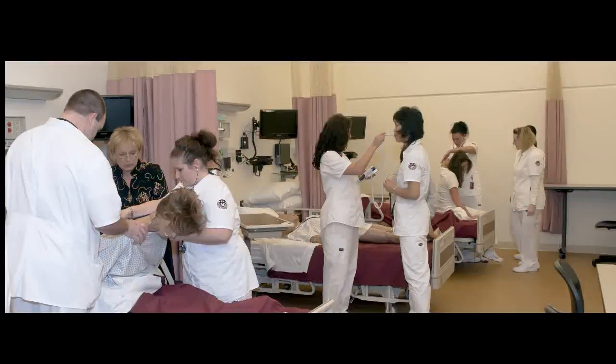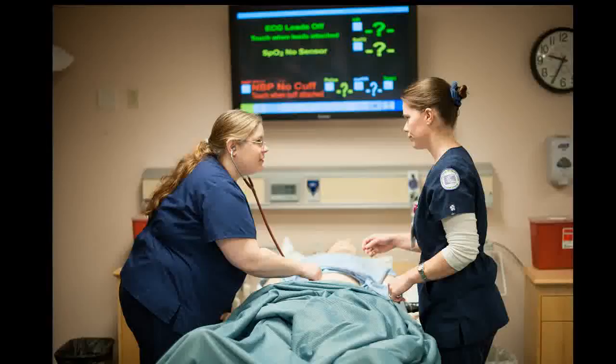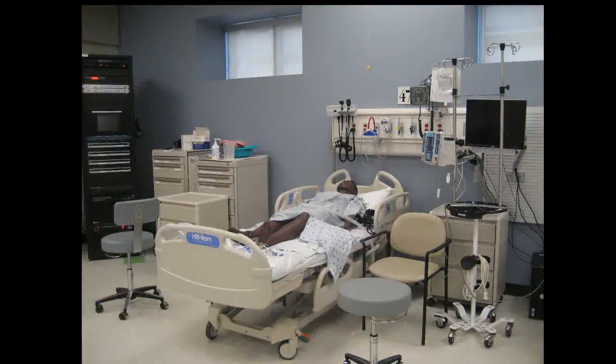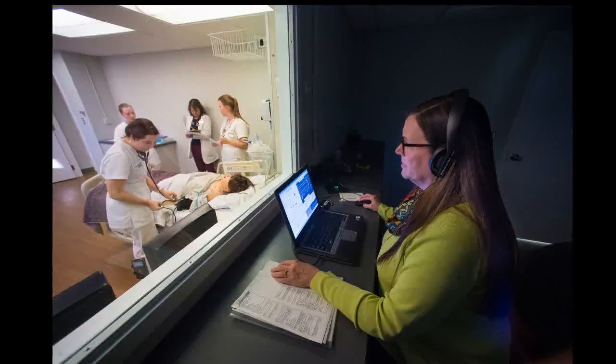Because there are a lot of advantages to simulation to teach nurses, it's important to know how to create an effective simulation lab.